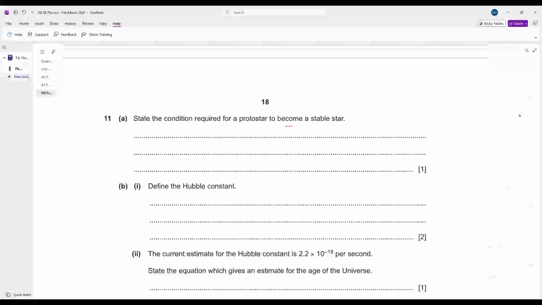State the condition required for a protostar to become a stable star. The inward force of gravitation is balanced by the outward force due to the fission reaction. Oh, sorry, fusion reactions.